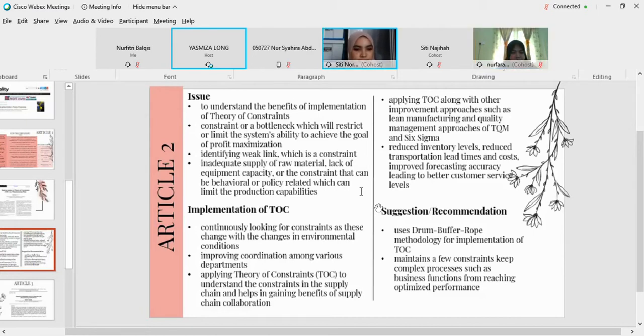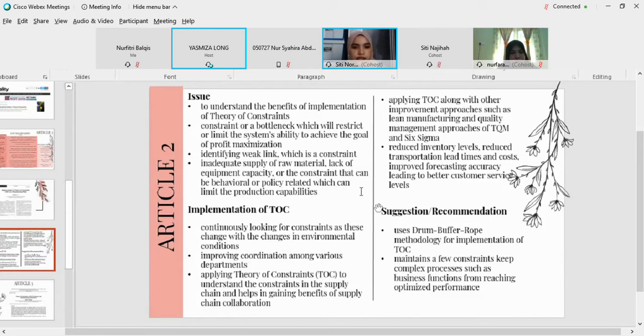The third one is applying theory of constraints to understand the constraints in the supply chain and helps in gaining benefit of supply chain collaboration. The fourth one is applying theory of constraints along with other improvement approaches such as lean manufacturing and quality management approaches of TQM and Six Sigma.